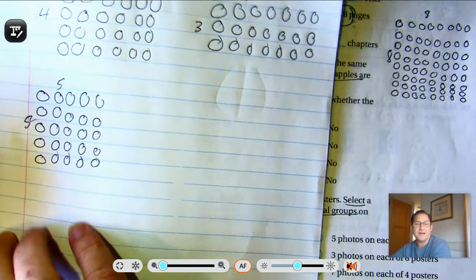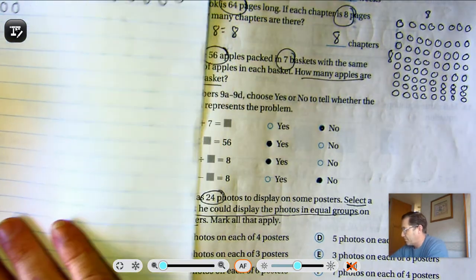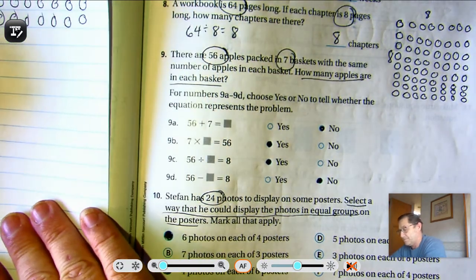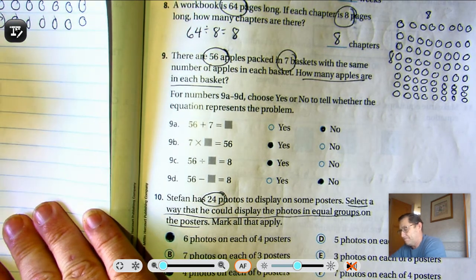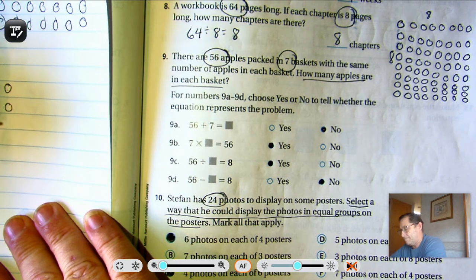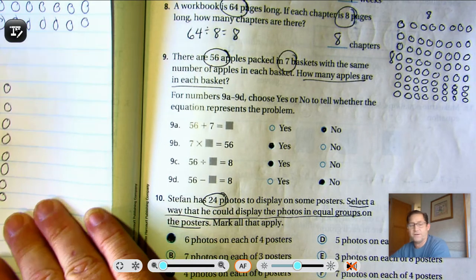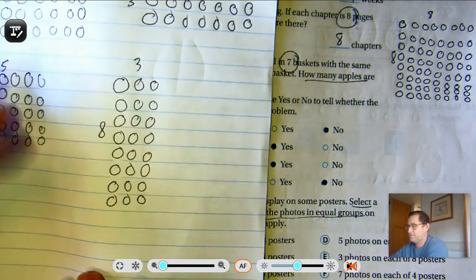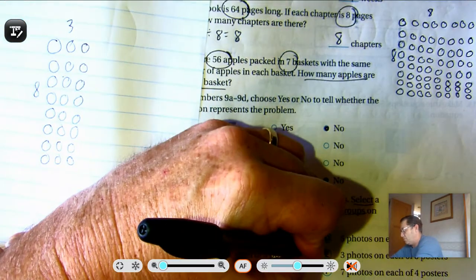And 5 times 5 is not 24. 5 times 5 is 25. 3 photos on 8 posters. So you can ask yourself, is 8 times 3 24? Yeah, 3, 6, 9, 12, 15, 18, 21, 24. So that would work.